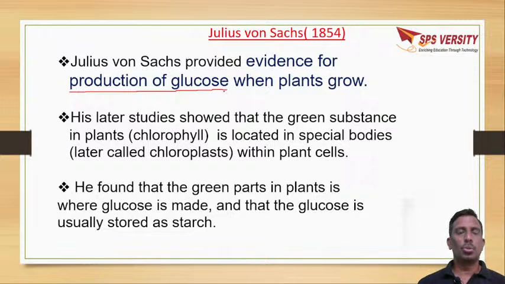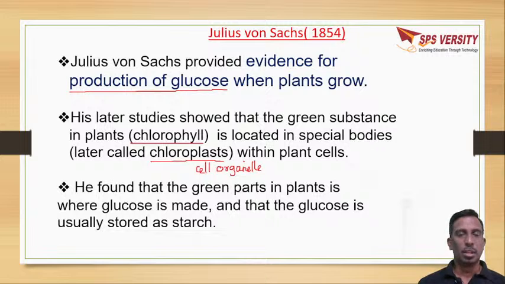Later on, he showed that plants have a green pigment, chlorophyll, which is present inside the chloroplast. The chloroplast is the cell organelle, and inside it is the green pigment chlorophyll. So chlorophyll is a pigment and chloroplast is a cell organelle.